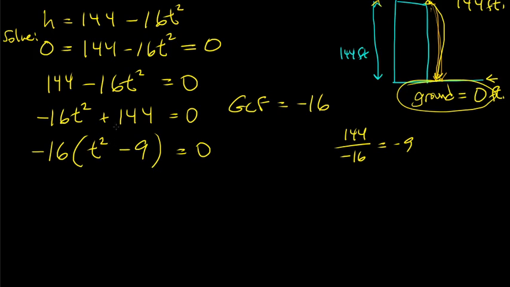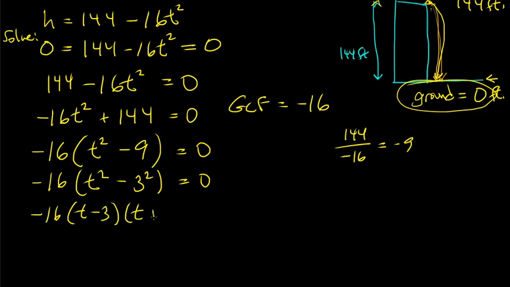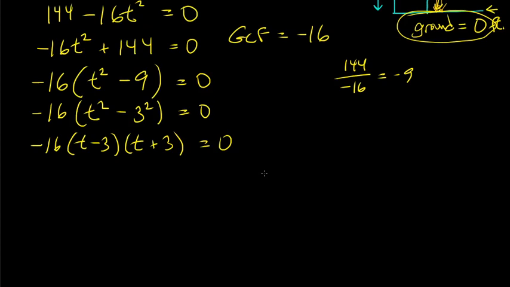And the t squared minus 9, that should look familiar. That's just the difference of two perfect squares, 9 being 3 squared. So a squared minus b squared is a minus b times a plus b. And it's still equal to 0. Now we just set each factor equal to 0, right?